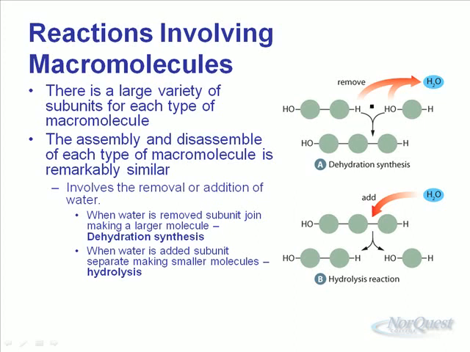So when we are building macromolecules, whether it's carbohydrates, lipids, proteins, or nucleic acids, every one of them has hydrogens on one end and hydroxide groups or hydroxyl groups on the other. These three atoms can pop off of any of these subunits to become a water molecule. When they do, they leave behind an area where bonding can occur.